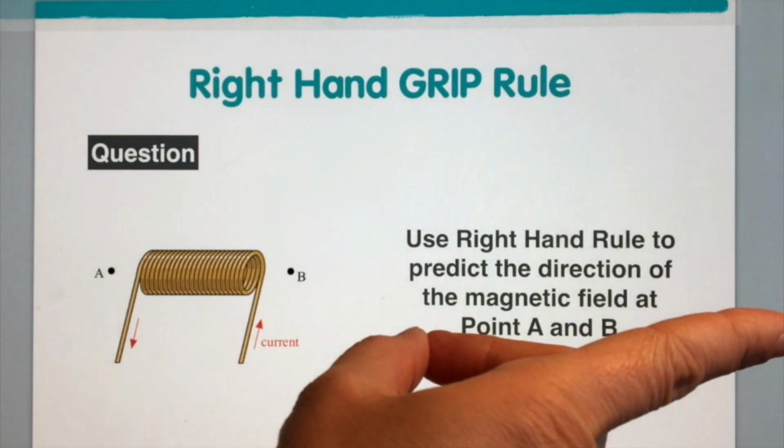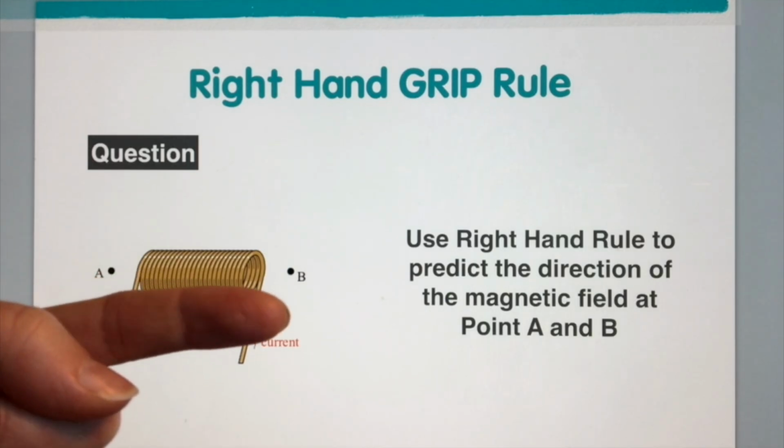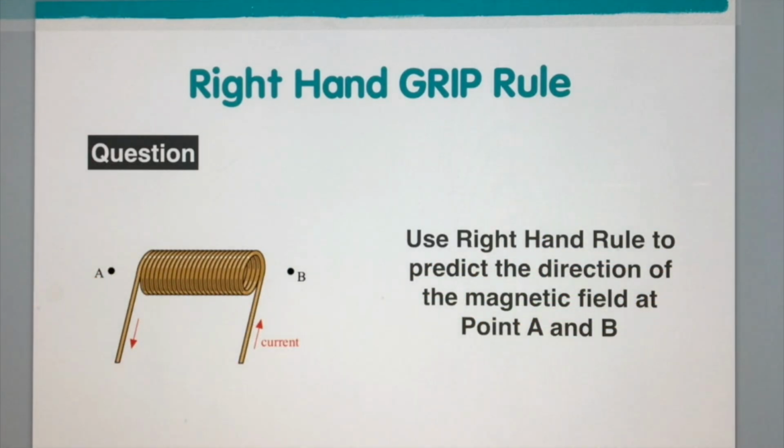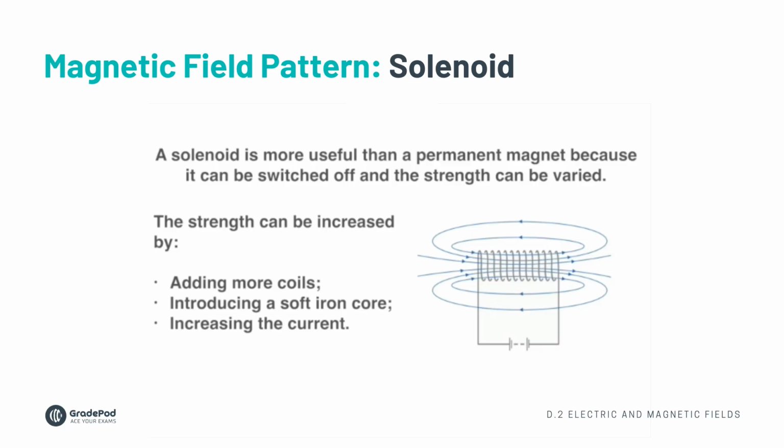So at point A, we'll have field lines coming in here and coming out there. Let's just check the answer for that. There we go. Simples. Now we know how to find the direction of the magnetic field.